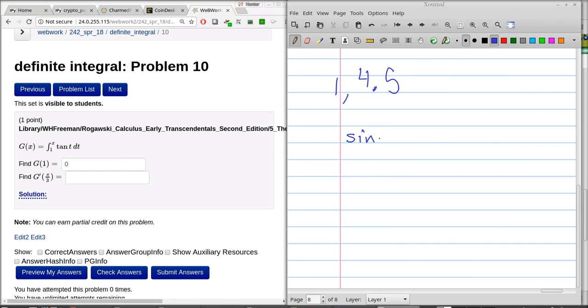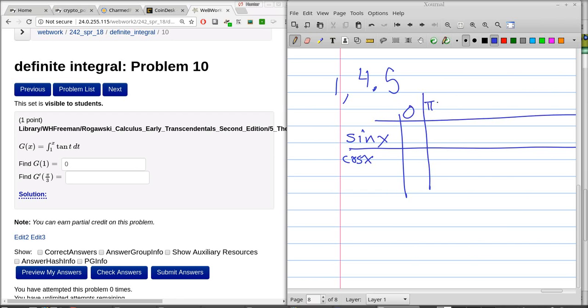How do you figure these things out? You've got sine x and cosine x. And there's an easy way to do this. What is it? You put down the standard angles here. 0, pi over 6, pi over 4, pi over 3, and pi over 2. And how does it go? It goes like 0 over the square root of 2. Is that right? Could that possibly be right? 1 over the... Yeah, this is it.